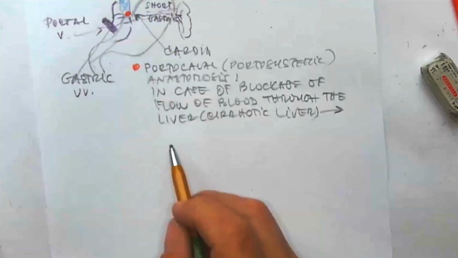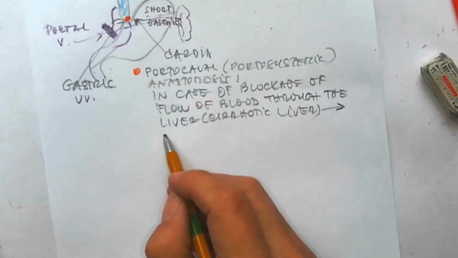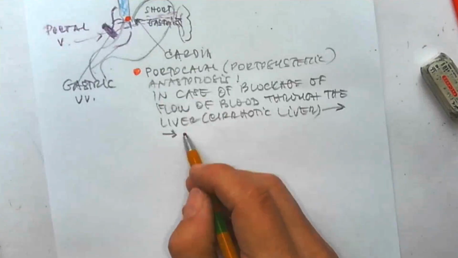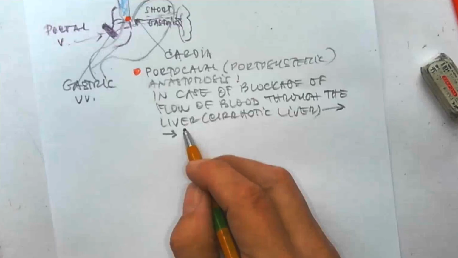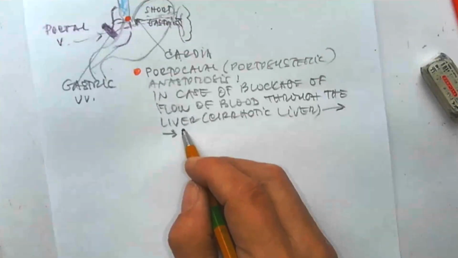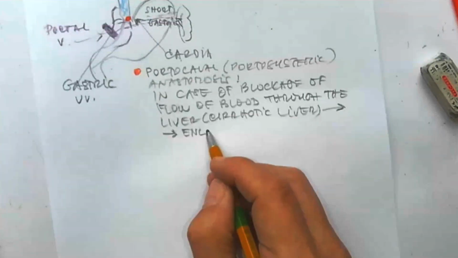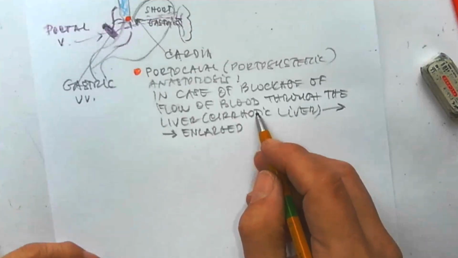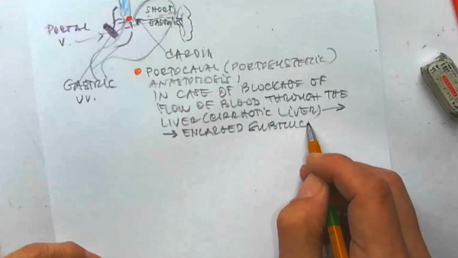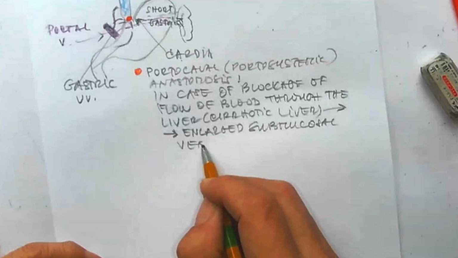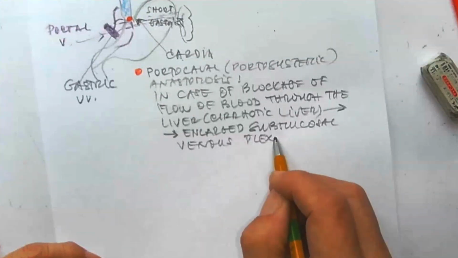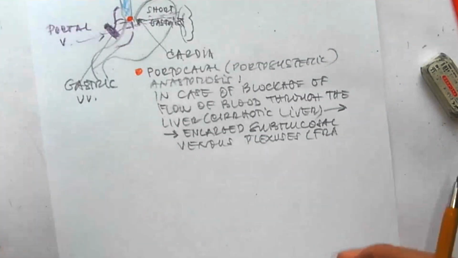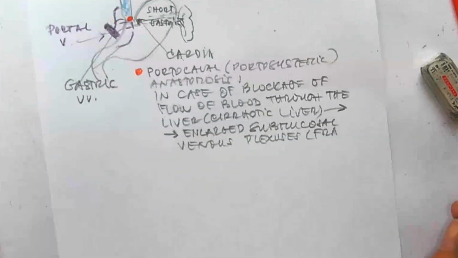So in such a case, because there is a higher pressure, this situation can lead to enlarged submucosal veins, venous plexuses, which are fragile, because you see the vessel has one defined thickness of the wall, and the veins are very thin.